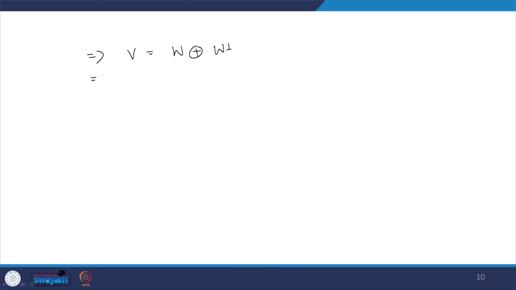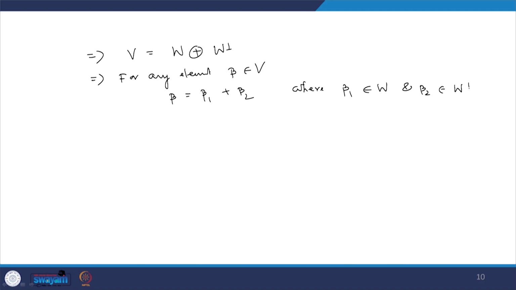So, for any element beta belonging to V, I will have beta equal to beta 1 plus beta 2, where beta 1 comes from W and beta 2 comes from W complement.